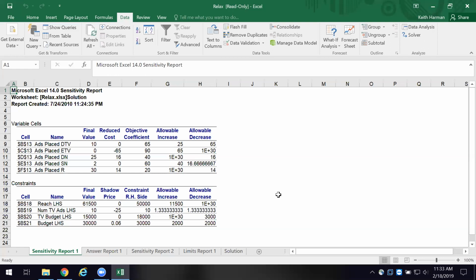And if you look at the ads placed, you could see that you've got a couple of them dealing with this, I guess it's ETV, whatever that is, and then you've got the TV ads, the total TV ads, and you can see in each case you're not getting much. You can add another value of 65 on, but you don't get much for it. So you look for those kinds of patterns.